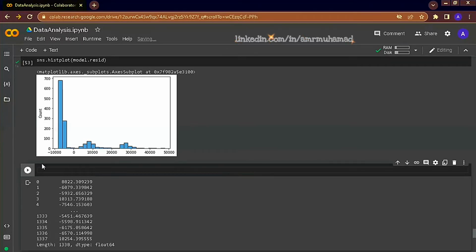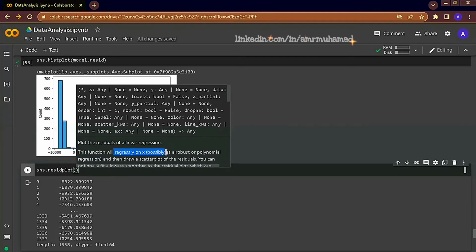So for example, we will use sns.residplot. Residplot regresses y on x, so we will feed it the predictions, use them to make an estimate of charges, and observe the variance around the fitted line.